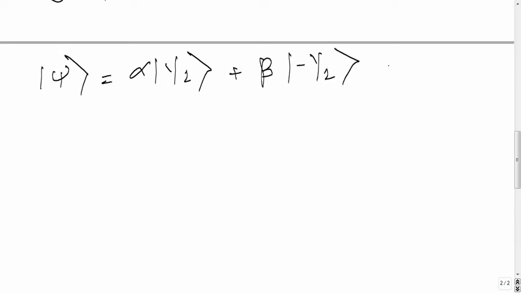So any state in this two-dimensional Hilbert space can in general be written as a linear combination of these two basis states, where alpha and beta are complex numbers.